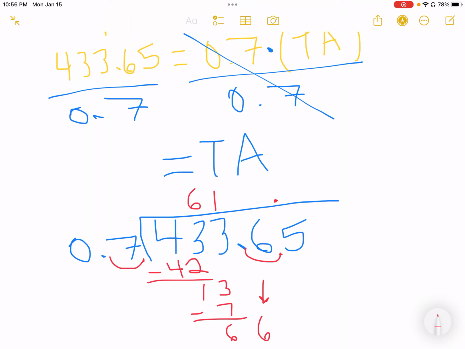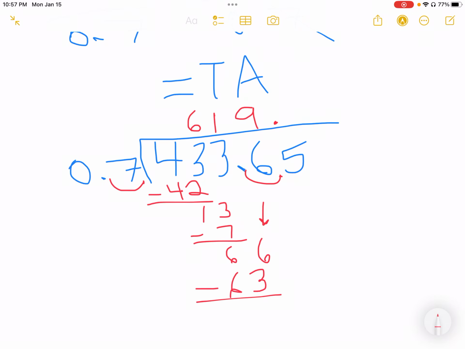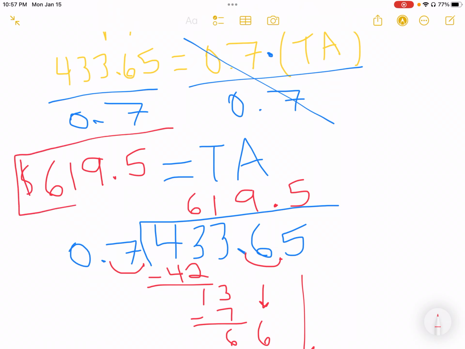And then that means I have 9, and 9 times 7 is 63. Subtract again, I get a 3, and then I bring down my 5, and 7 goes into 35 5 times. So I have a nice number here. My original price for that kilt was $619.50. Pretty pricey. Wouldn't do that.